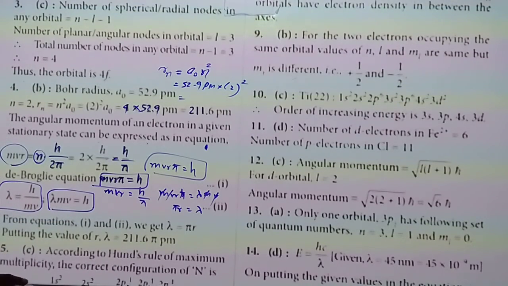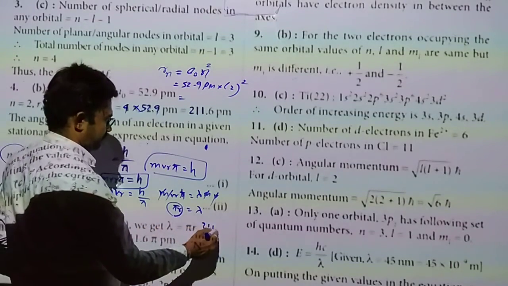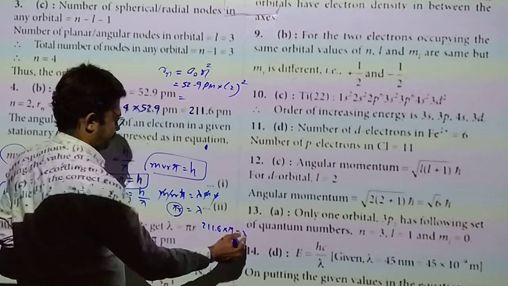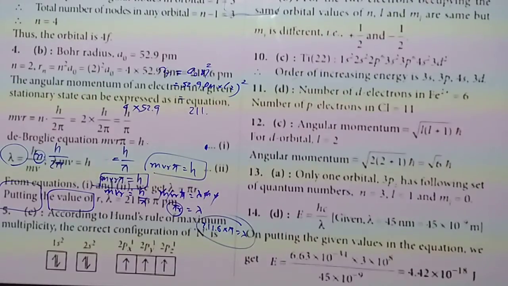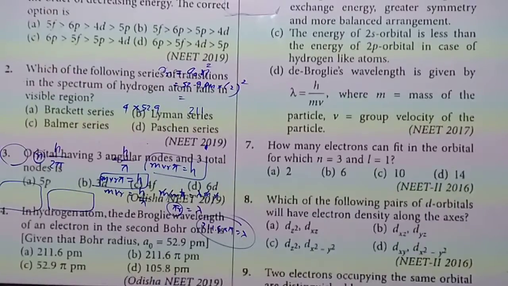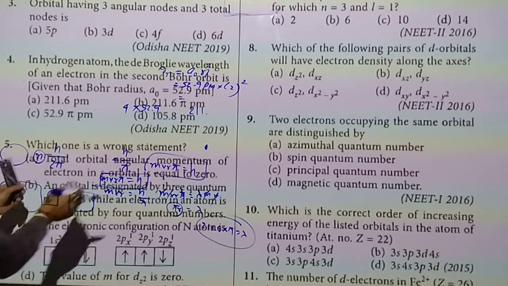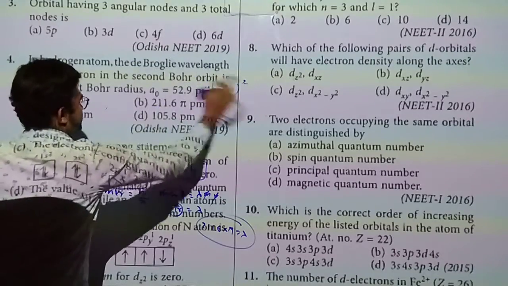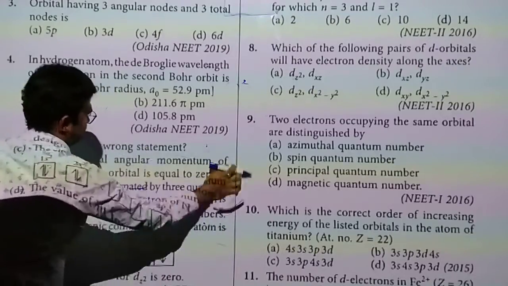Radius we already defined, r is 211.6, so 211.6 into pi equal to lambda. So lambda equal to 211.6 pi. Answer B, 211.6 pi. Clear?